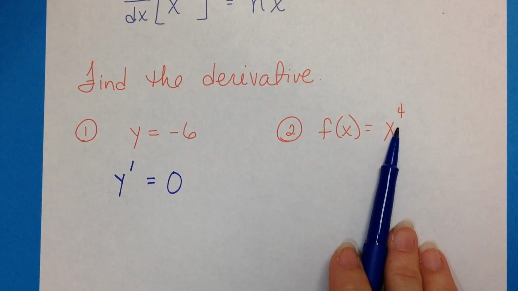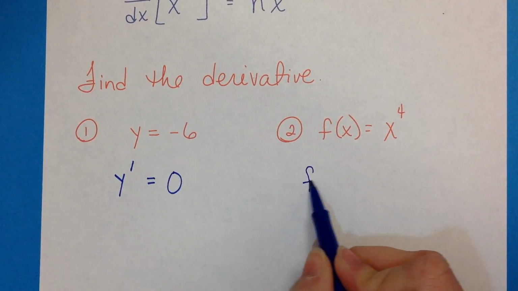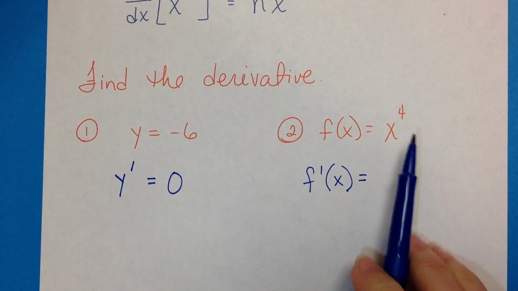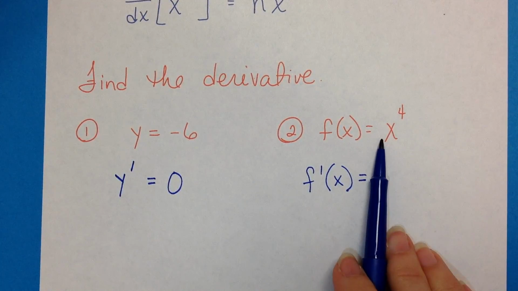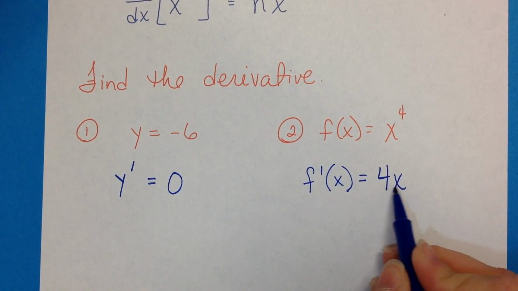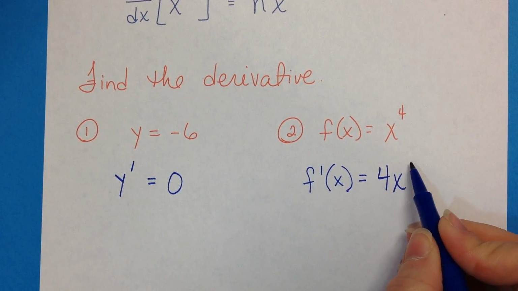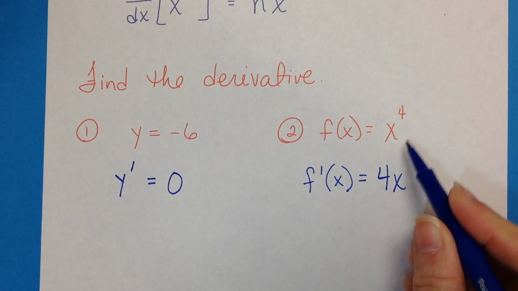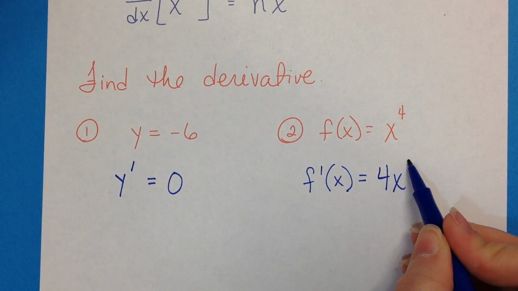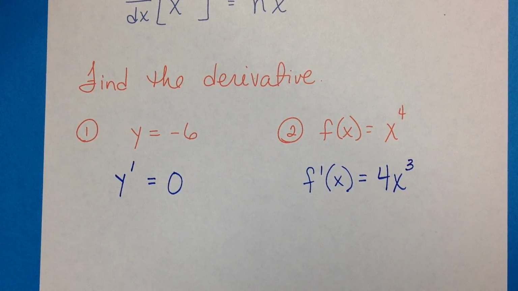Okay, this is going to end up being your power rule. So your power rule says you take your power, bring it in front of your variable, so that means you're going to multiply it, but then you have to do your power minus 1, which just again means that your power decreases by 1, therefore that will be to the third power.